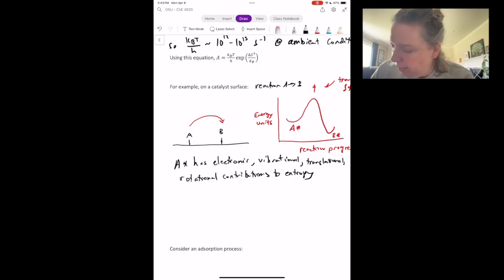Of those, we tend to say that the electronic contribution to the entropy for almost all species is close to zero. So there's not much electronic entropy.